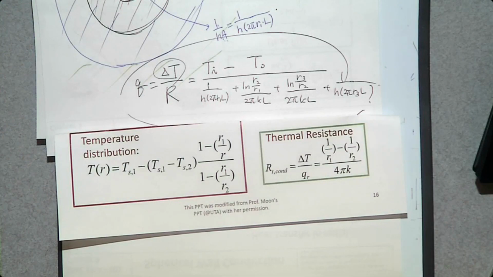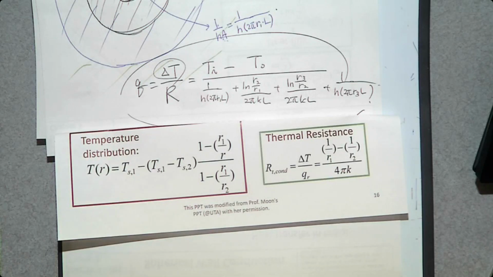We are not going to have this resistance in our second exam because spherical coordinate system is much less widely used than cylindrical coordinate system or Cartesian coordinate system. Spherical coordinate system is very rare in heat transfer.